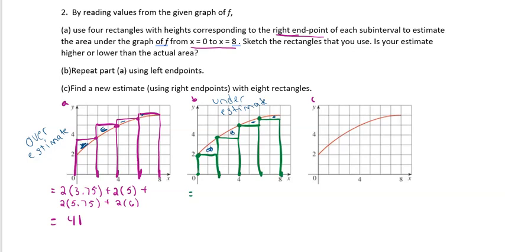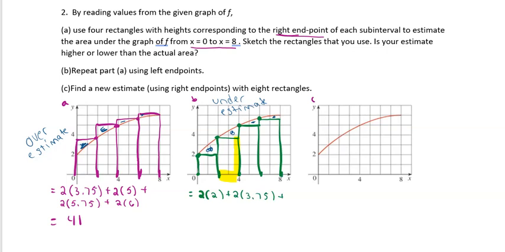So the area of our first rectangle here, well, this one's a square. It looks like it's base of 2, height of 2. And then the next one goes from 2 to 4, so it's a base of 2, and now we have a height of 3.75. So 2 times 3.75.